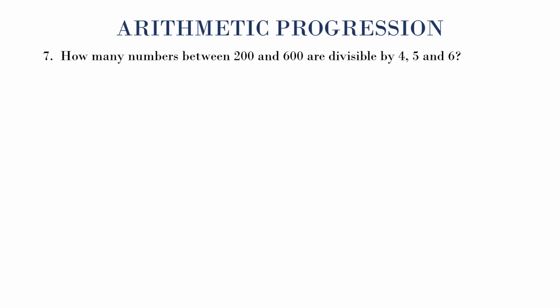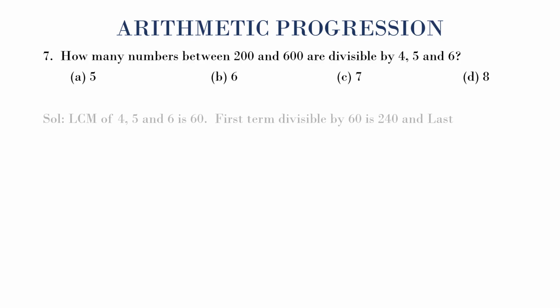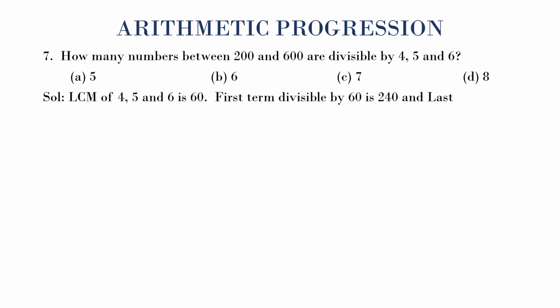And how many numbers between 200 and 600 are divisible by 4, 5 and 6? Here if you observe the multiples of 4, 5 and 6, they are not common. So we have to take LCM. So LCM for 4, 5 and 6 is 60, and the first term which is divisible by 60 between 200 and 600 is 240.